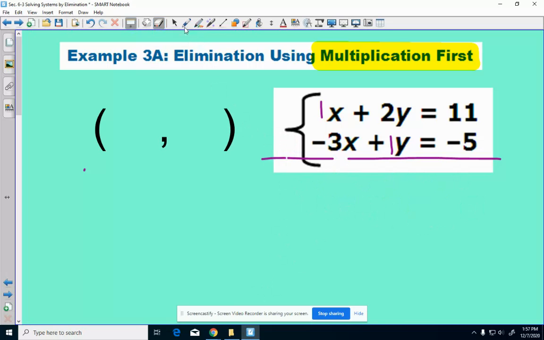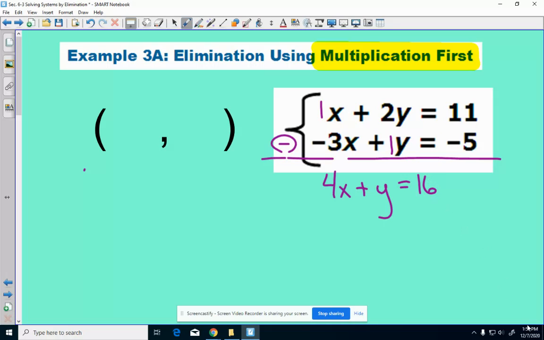Okay, if we come back here and we try to subtract these two from each other, 1 minus a negative 3, remember minusing a negative would turn into a positive, so we get 4. 2 minus 1, that would leave me with 1. And 11 minus a negative 5, so minusing a negative again would be addition, I get left with 16.